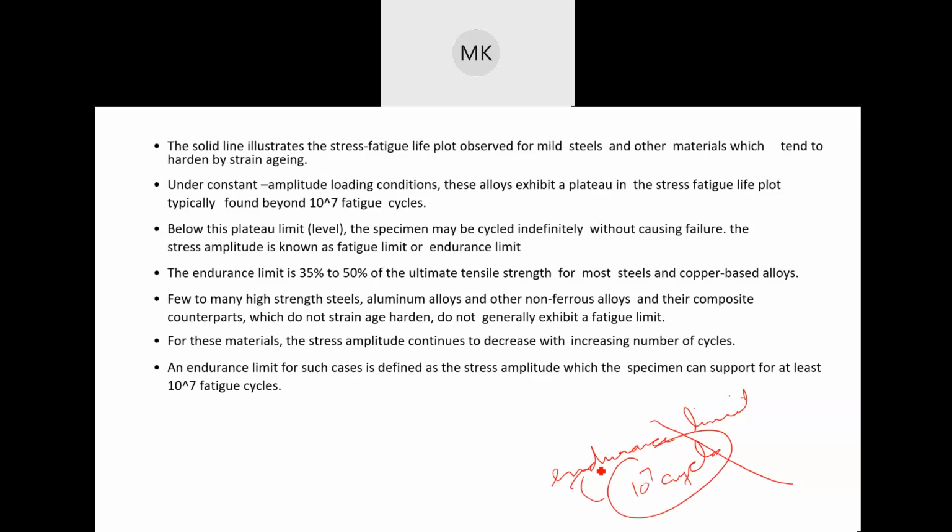That's what is expected. For most metals, 40% to 50% of the yield strength is the endurance limit. So even if you don't do complete fatigue testing, if you are within 40% of its yield strength, it should survive for a long period of time.